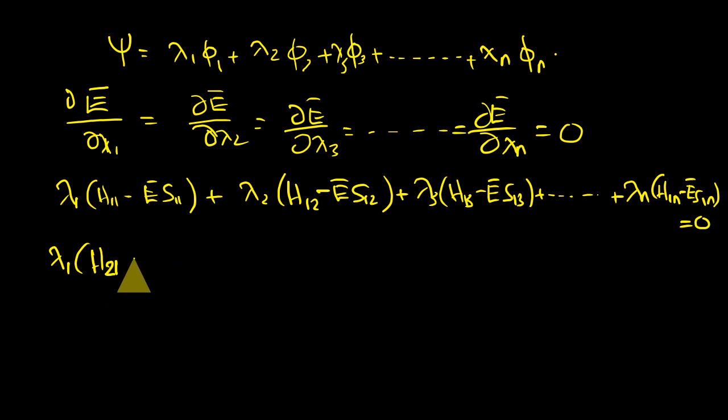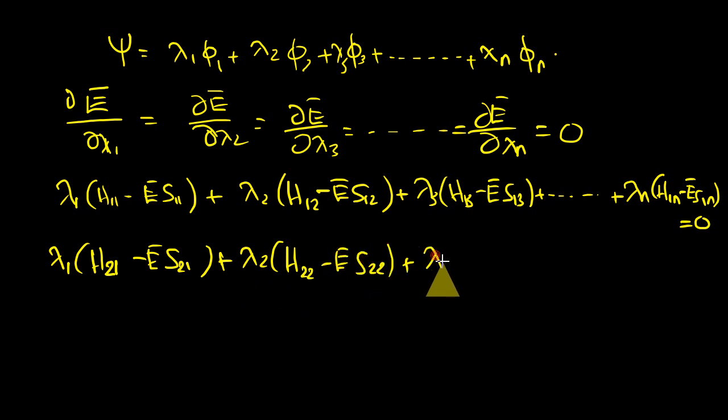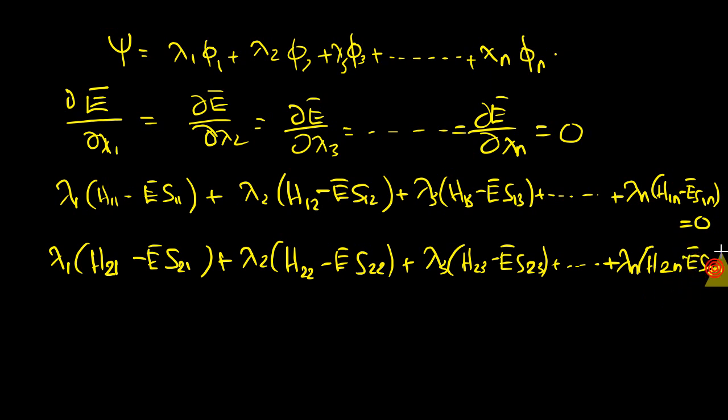So h21 minus E bar s21 plus lambda 2 into h22 minus E bar s22 plus lambda 3 into h23 minus E bar s23 plus etc. plus lambda n into h2n minus E bar s2n is equal to 0. That is another equation.